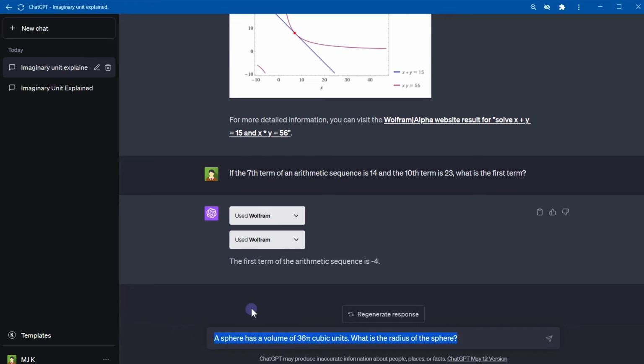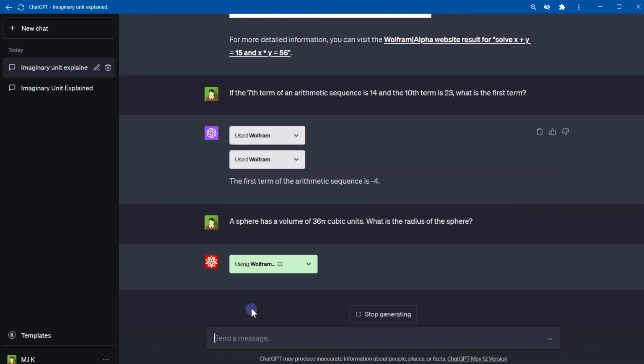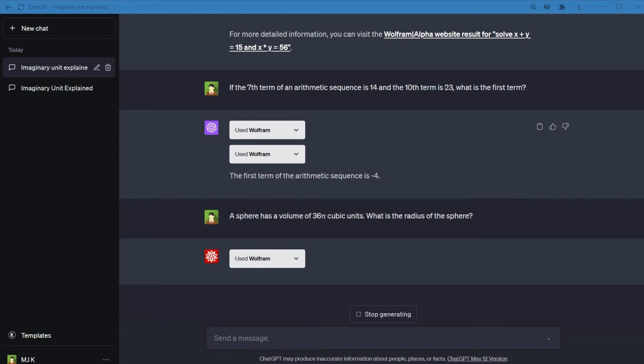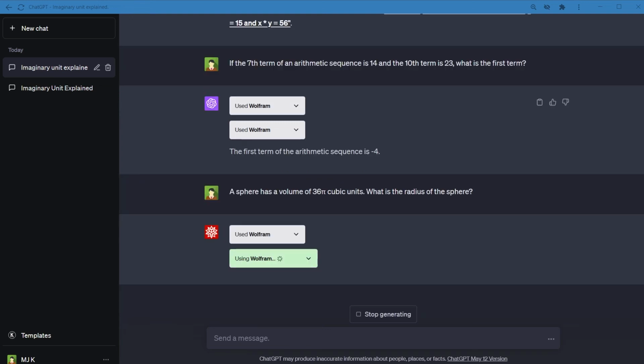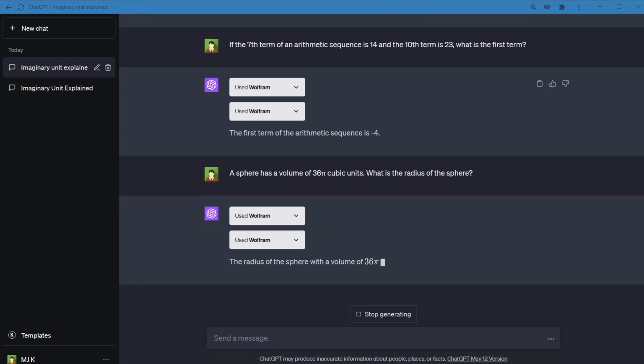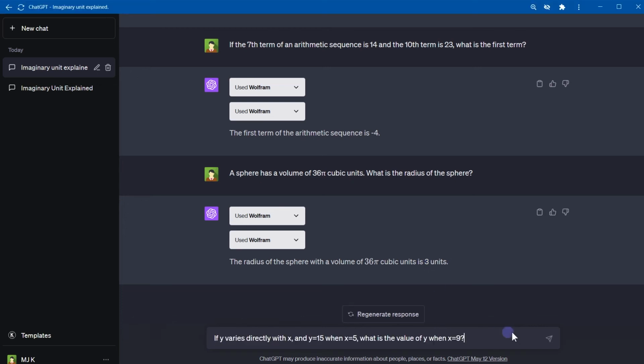A sphere has a volume of 36 pi cubic units. What is the radius of the sphere? 3 units.